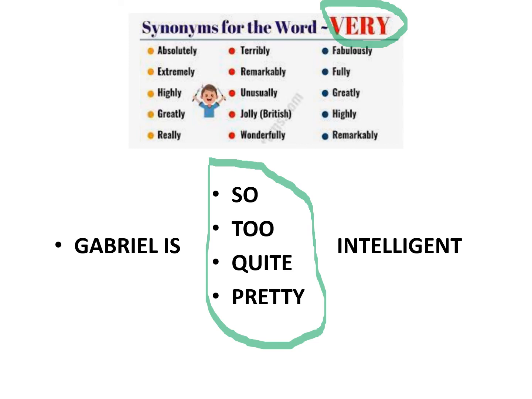Instead of using the word very, which in many cases can be really boring to listen to, we use different adverbs which give a more precise degree of certainty or uncertainty about, in this case, the adjective that we are using here.